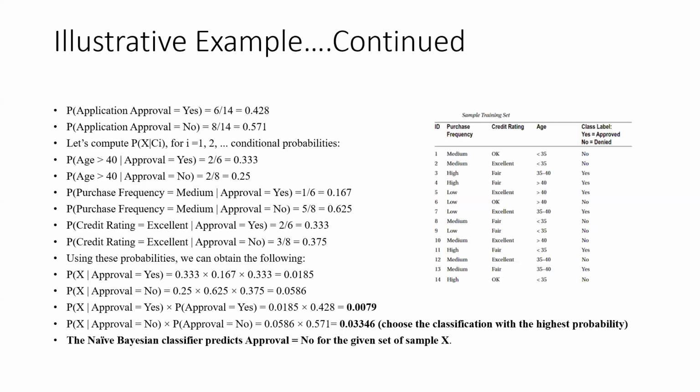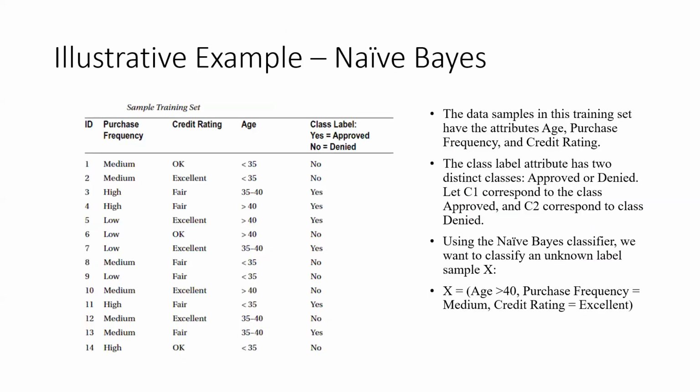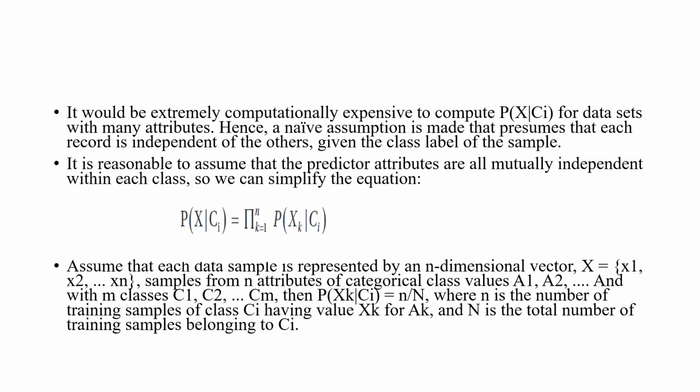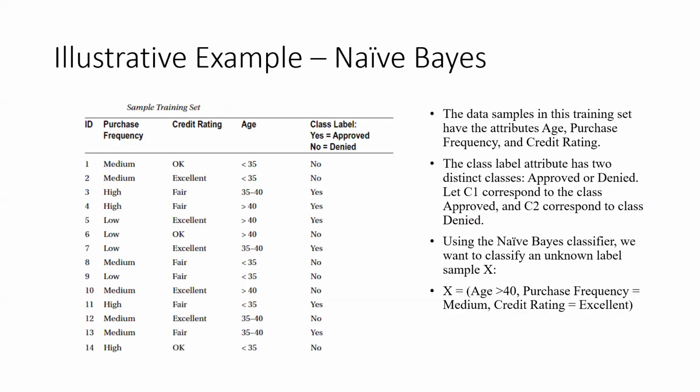So please, do you get the mechanics of how it works? Everything that was discussed here is basically what we've done. This is just for one prediction. So imagine that you are doing it for high, low, fair, between 35 to 40, less than 35. It's a lot.